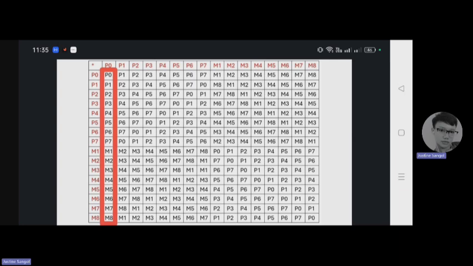So like here, P0 star P0 is P0, P1 star P0 is P1, P2 star P0 is P2, until mu8 star P0 is mu8. That's why we can conclude that the identity element in this table is P0. So it has an identity element.